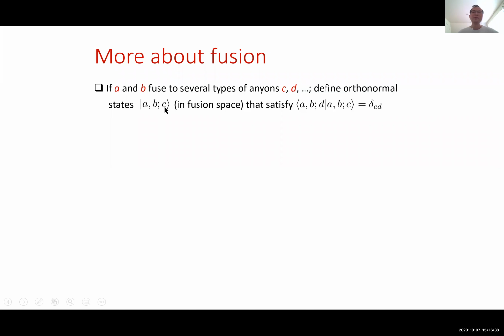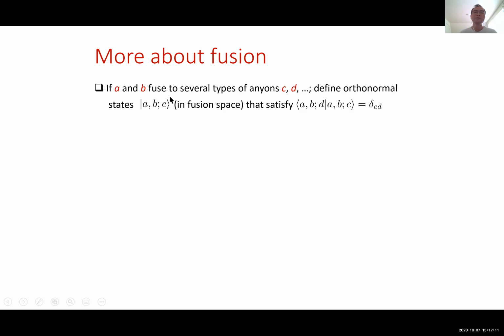If the final products of anyons are different, for example, if it's a C or D, they should be different physical states and they should be orthogonal. So we would denote this also using the bracket notation to denote that they're orthogonal, because the final products are different anyons. This notation is used to denote the fusion space. So A, B fused to C.